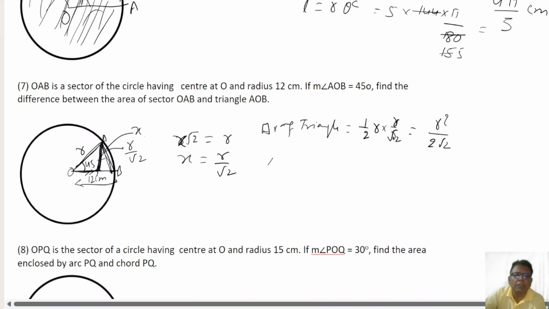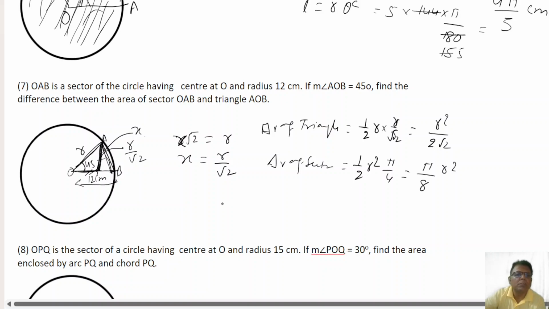And the area of sector is equal to half r square theta, and the angle is pi by 4, so pi r square by 8.